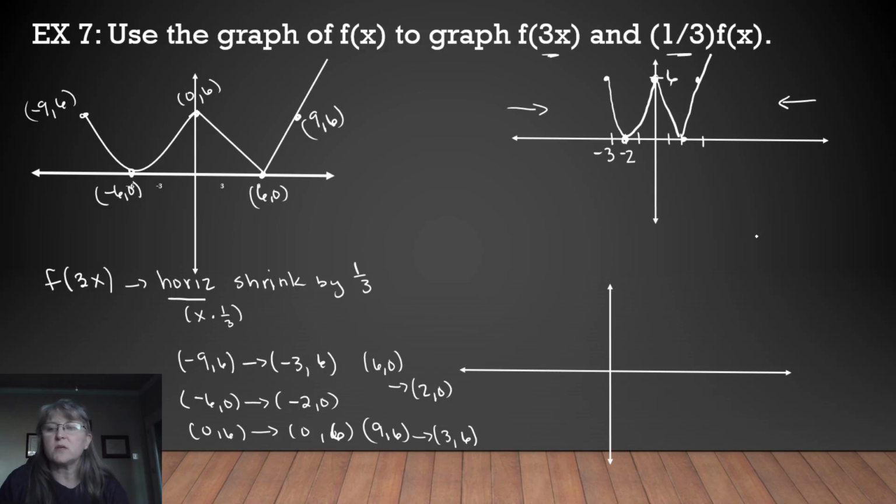Okay, now let's say we do the f of 1/3 f of x. Now this is a vertical shrink. Now, if it's a vertical shrink, that means I'm going to take y and multiply. So now all the y values are going to change. So let's take each of these points.